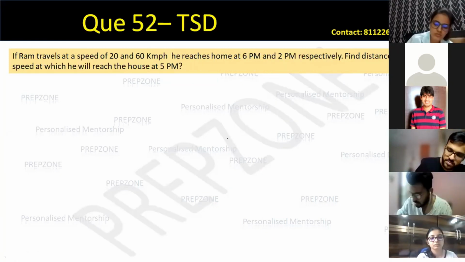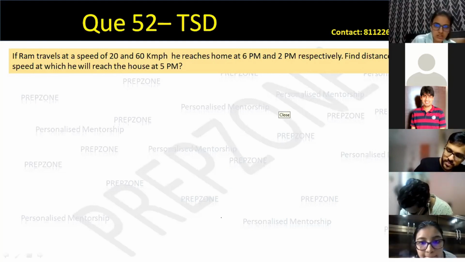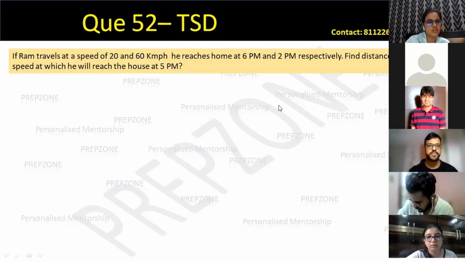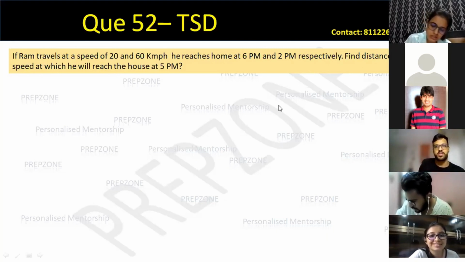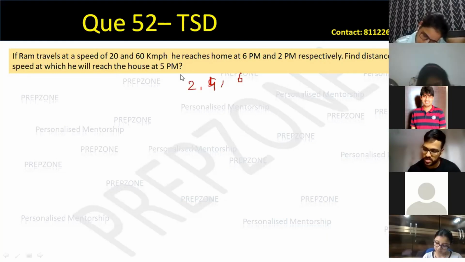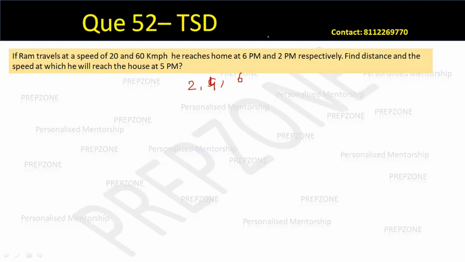Next question. You can solve this with multiple methods. Now take 2, 5 and 6, not an AP. Let's see. One method is this method which Yashish just mentioned. Here you have to find 5. I know 2, 5, 6 are not in AP, so what do we do?